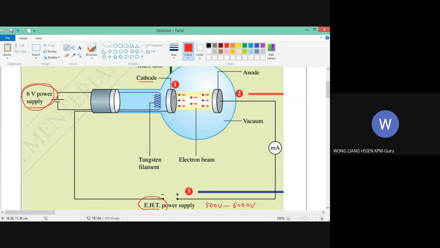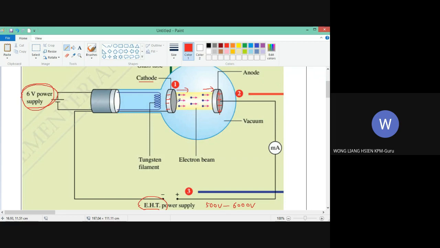The strong negative charge will be able to repel or push the electrons that have enough energy to escape just now. On the opposite side, there is an anode connected to the positive terminal. This positive terminal will pull electrons away, so the anode becomes positively charged and the cathode becomes negatively charged. One side repels, one side attracts the electrons.